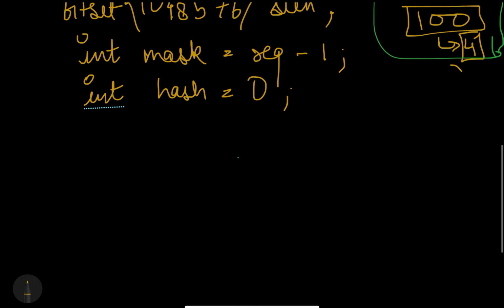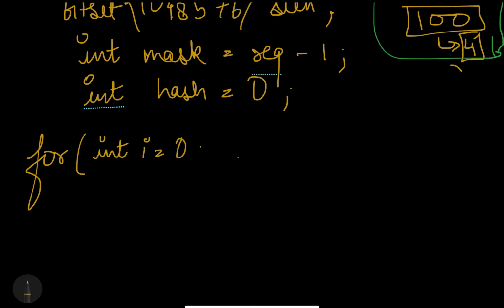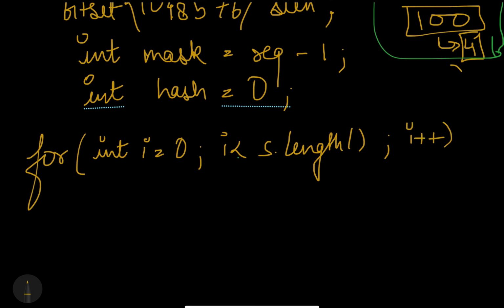Okay, so what we'll do, we'll iterate over our binary string, which is int i equal to 0, i less than s.length, and i plus plus.